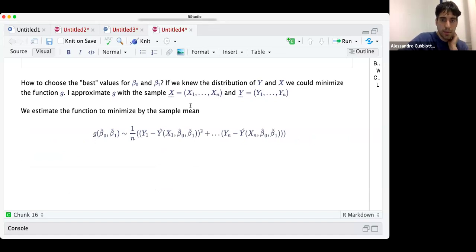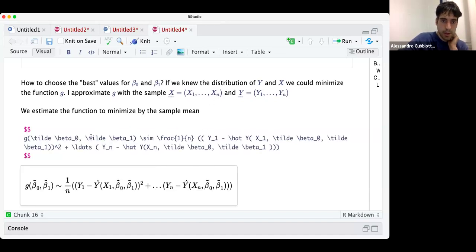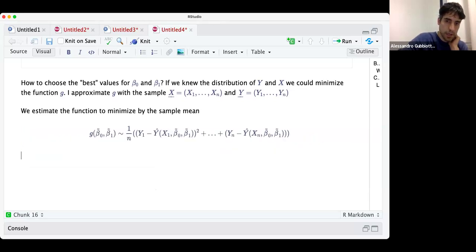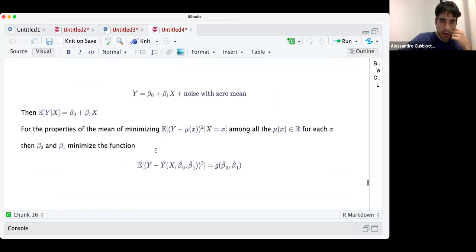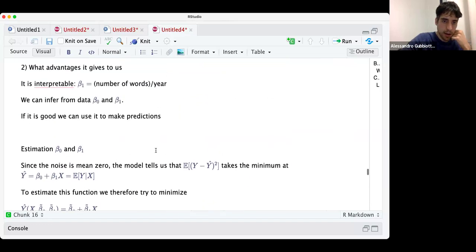So this is the function to minimize, and everything in this function can be computed because we know y1, x1, yn, xn. Tilde beta 0, tilde beta 1 are the variables of the function that we want to minimize. Then the computer gives us a way to minimize this function. And this gives me an estimate for the real beta 0 and beta 1 of the model, the ones without the tilde.